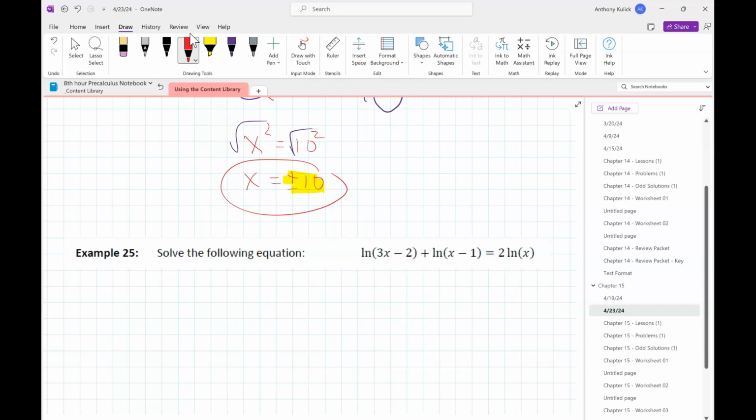Everybody's okay with that? So my first order of business is I'm going to condense so I get a single logarithm on each side. On the left-hand side, I see a product property.